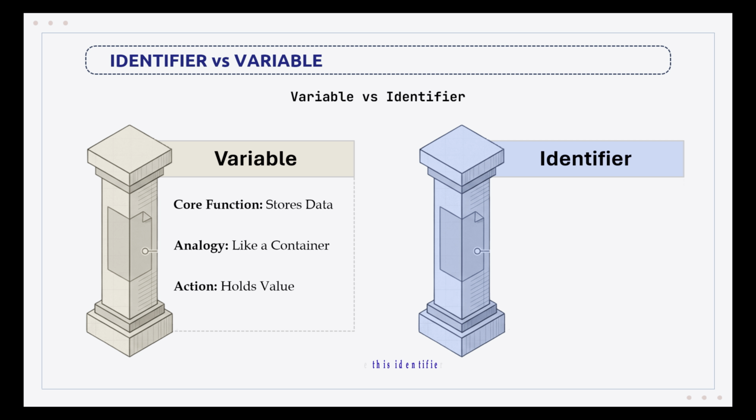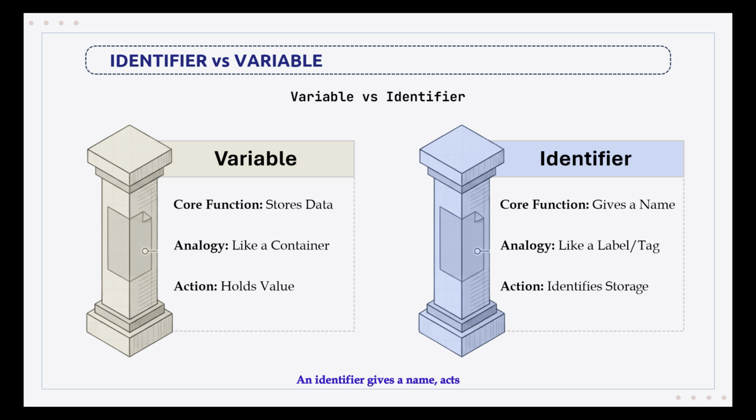Now look at this identifier section. An identifier gives a name, acts like a label and identifies the storage. So the correct understanding is variable represents storage, identifier is the name used for that storage.